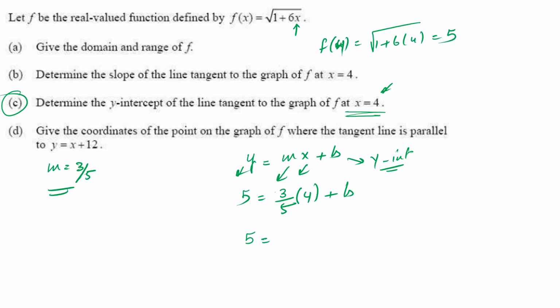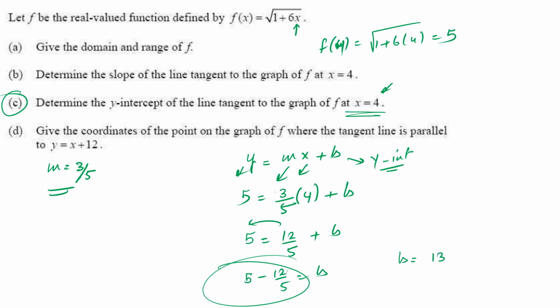So 5 equals 3 times 4, 12/5, plus b. Bring the 12/5 to the other side. So it will give me 5 minus 12/5 equals b. If I write it in the calculator or do mental math, it will be 25 minus 12, that gives me 13/5. So my y-intercept is 13/5.